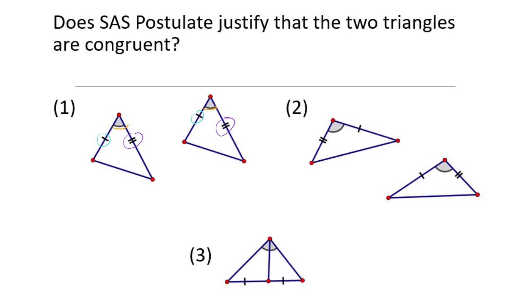And that angle is included, right? It's in between the two sides. Okay, so in other words, the two sides form that angle, right? And if that's the case, that's an included angle, and we have side angle side with side angle side in both those triangles. So the answer for this one is yes, those triangles are congruent by side angle side. Okay.